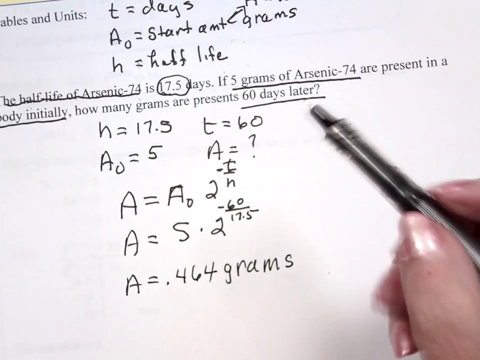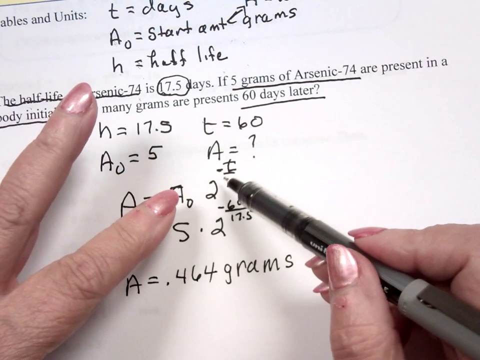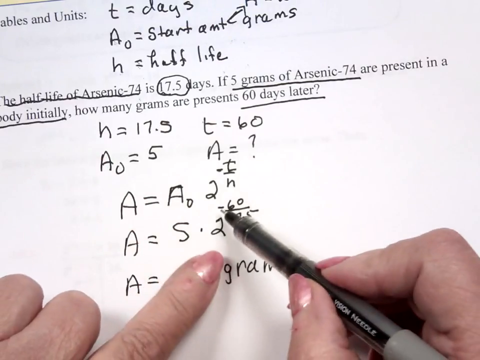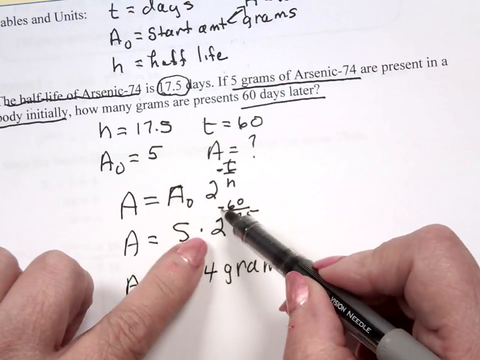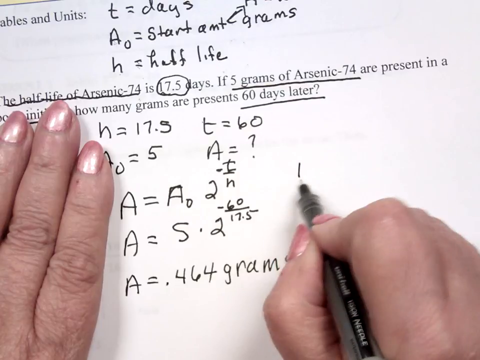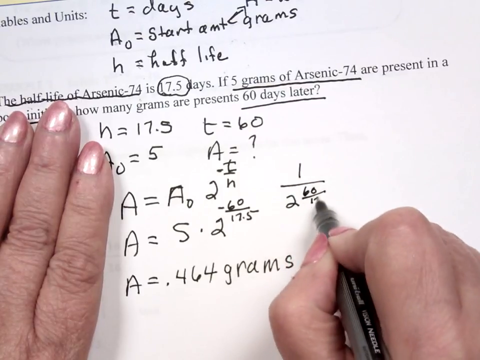Now this you have to remember, and which is where I would have screwed up if somebody hadn't said something about the negative. I couldn't see that up there. And that is this: this negative pushes the 2 to the denominator. So you're actually working with 1 over 2 to the 60 over 17.5.